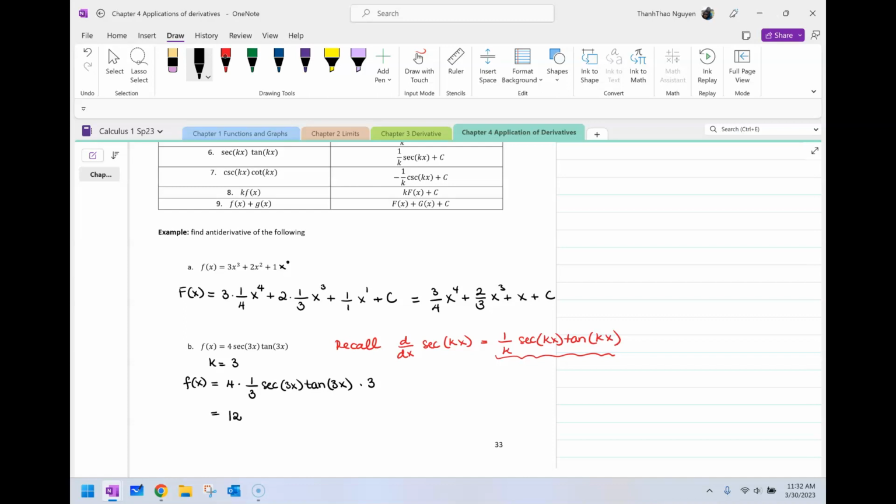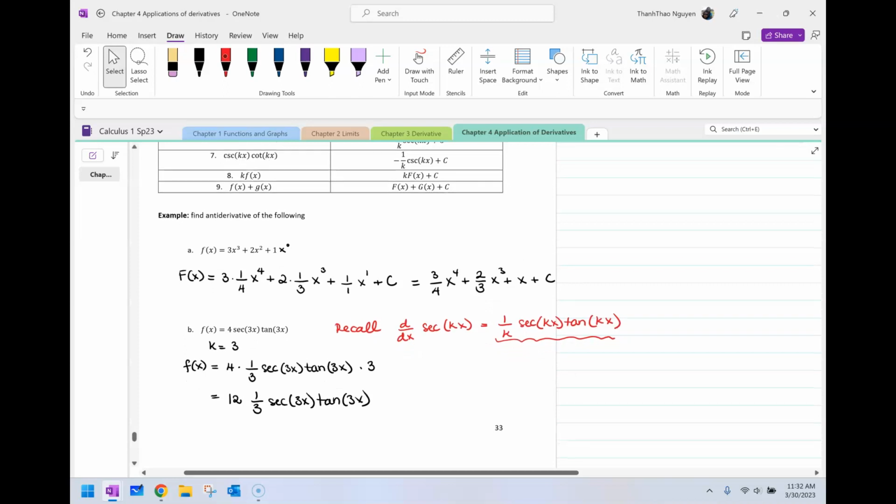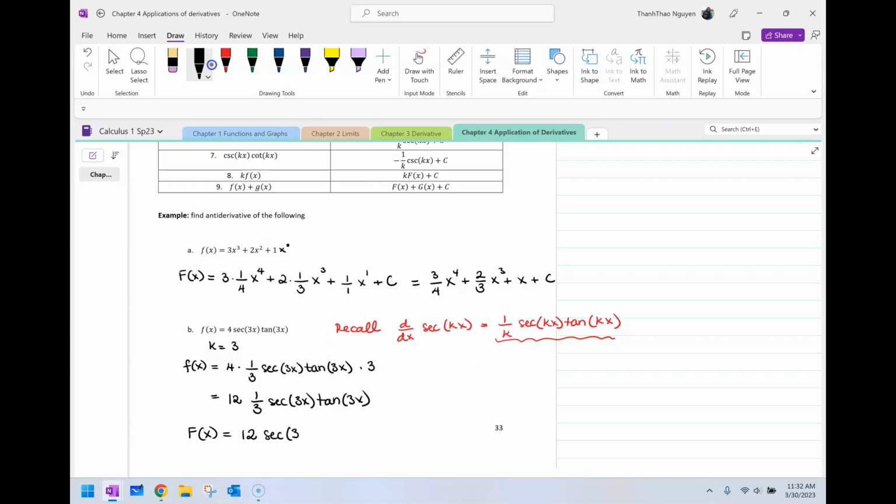So now I have 12 times 1/3 of secant of 3x tangent of 3x. Then the antiderivative of this is capital F of x equals 12 secant of 3x plus c, where c is a constant.